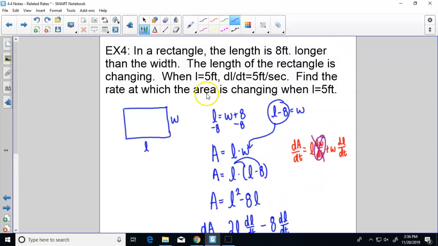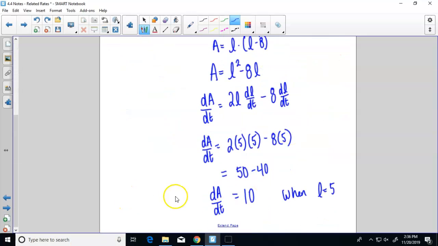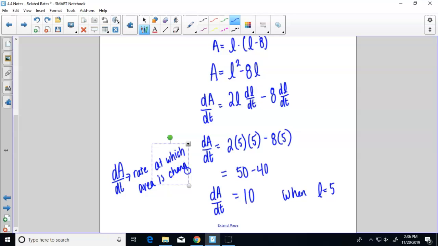They gave us the length in feet and the rate in feet per second. So dA/dt is the rate at which area is changing. How do we measure area for this problem?